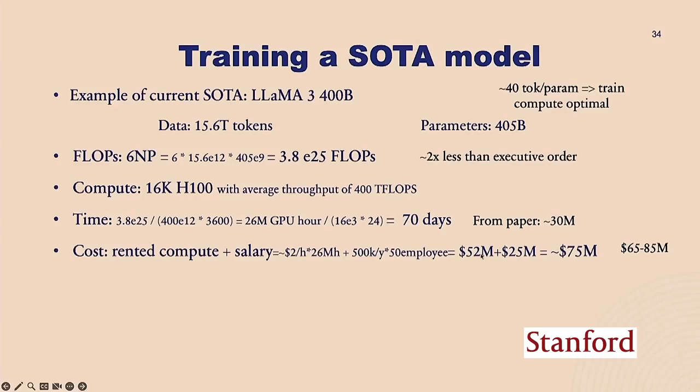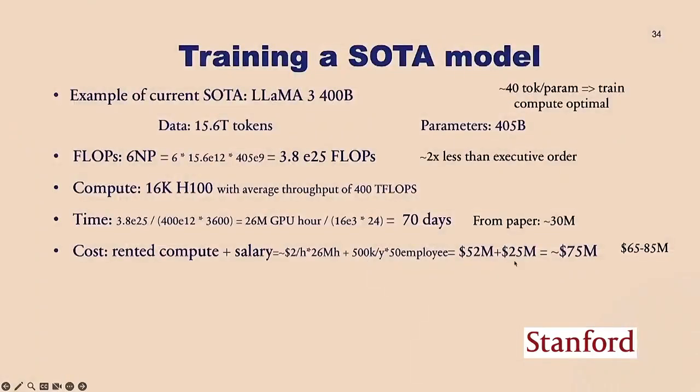They probably pay less than that, but not much less, because all these services that rent GPUs don't make that much money. Now salary: I said 50 employees, $500K per year. It's probably the right ballpark, 25 million. If you put it all together, it's around $75 million for training this Llama model. I'm probably off by like 10 million, but that's the right ballpark.